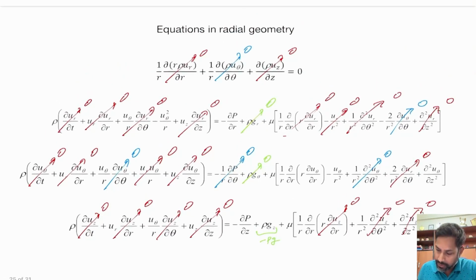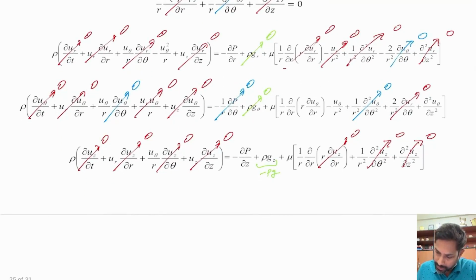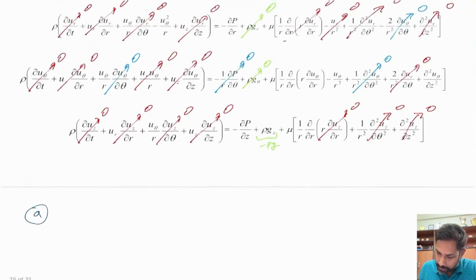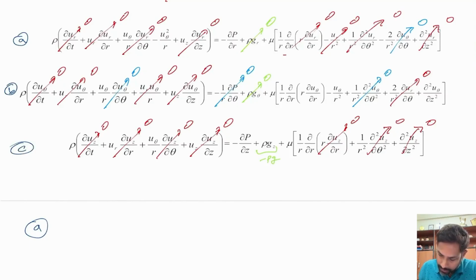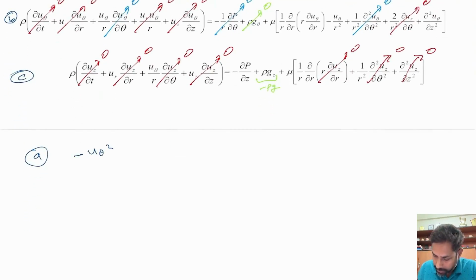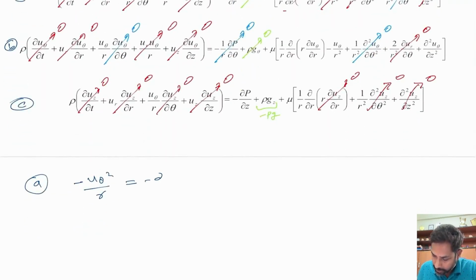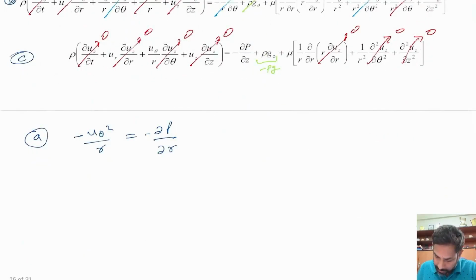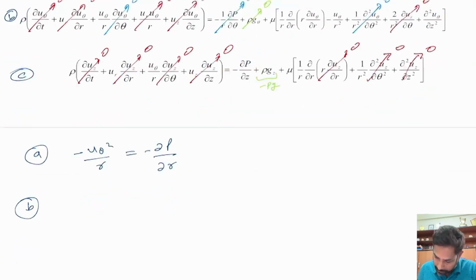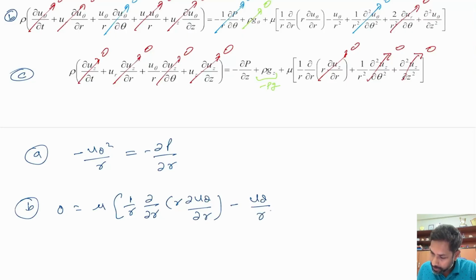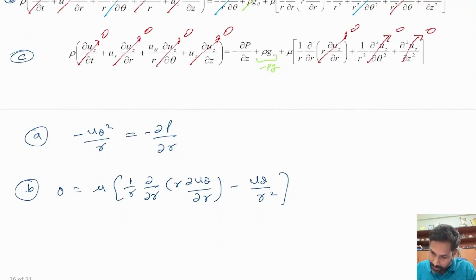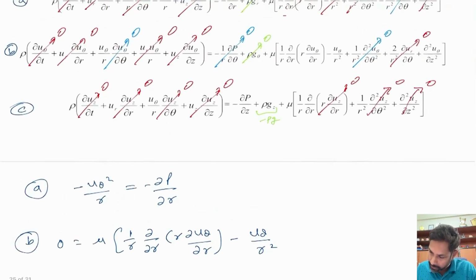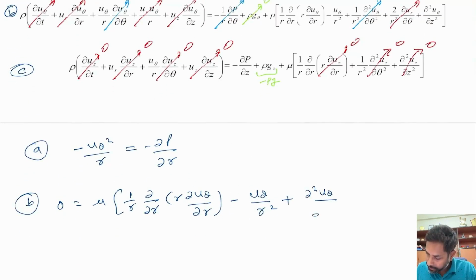So first equation is gone, the continuity equation is not needed. Then from the second equation we have, let's call these A, B, C. So from A we have minus u theta squared over r is equal to minus dp by dr, and from B we have 0 equals mu times 1 over r d by dr of r du theta by dr, minus u theta over r squared, plus d squared u theta over dz squared.